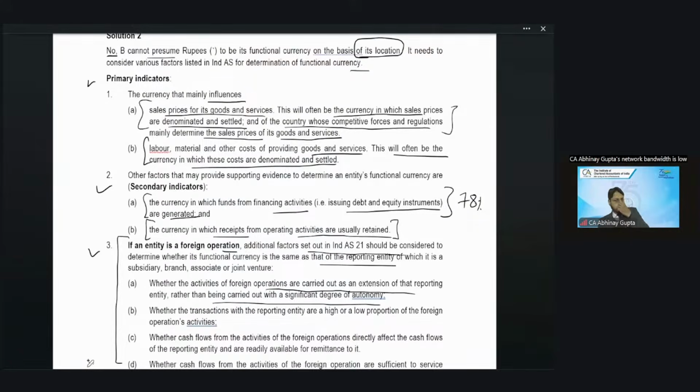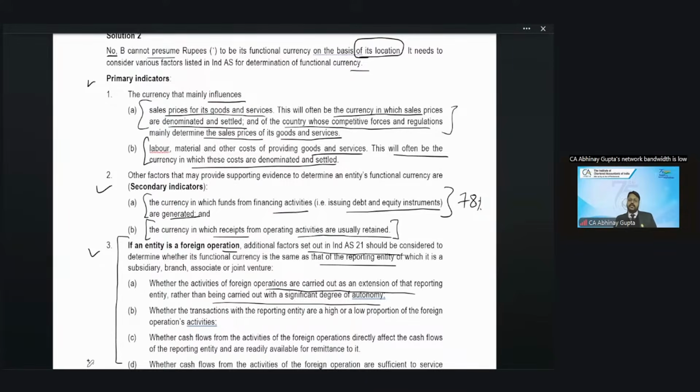What do you mean by autonomy? So autonomy means when a company is operating on its own, right? It is not dependent on any parent or any other company for running its business, right? So if the foreign operation is fully autonomous, right? It is generating funds on its own.